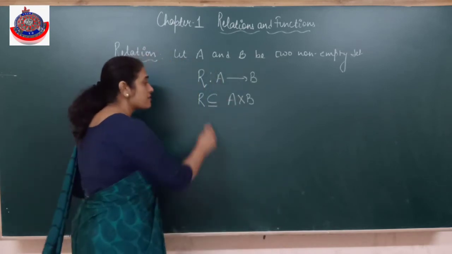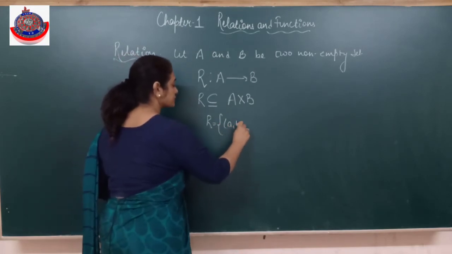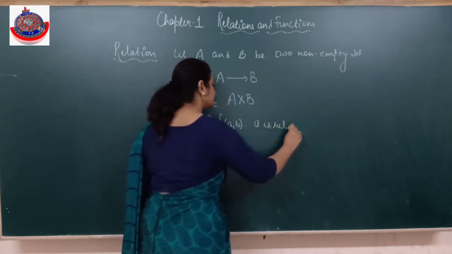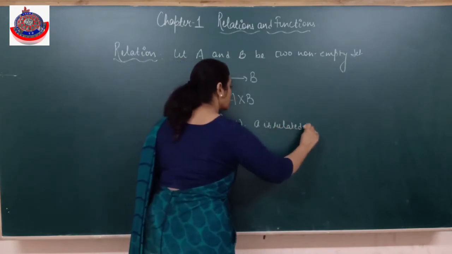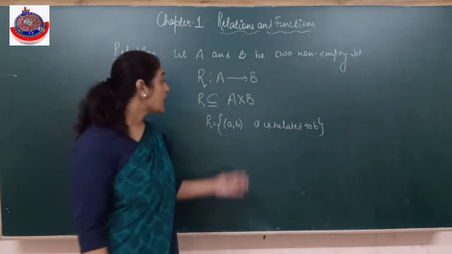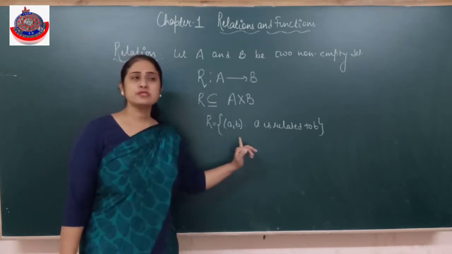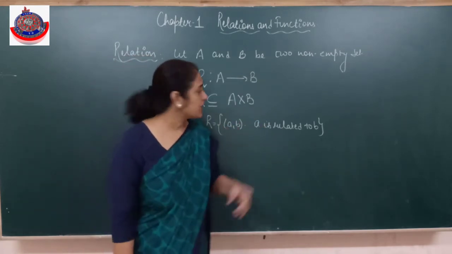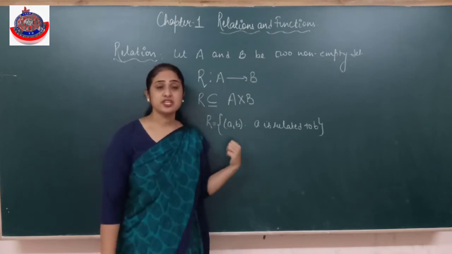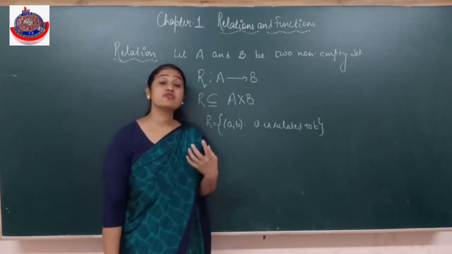So R is a set of ordered pairs where a is related to b under some specific relation given to us. Suppose the relation given is equal to, and the sets are natural numbers. A is a natural number, B is also a natural number. So I'll pick up the elements. The relation will have the elements (1,1), (2,2), (3,3), (4,4), because the relation is equal to.